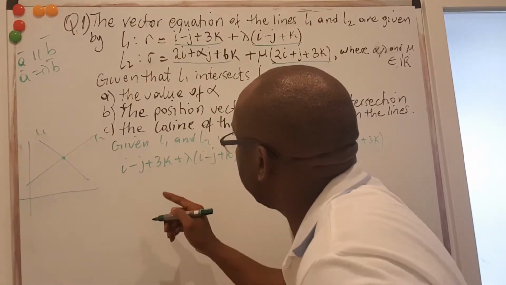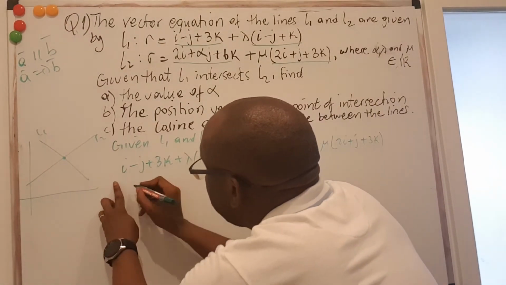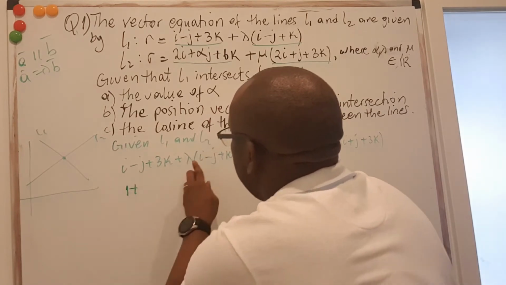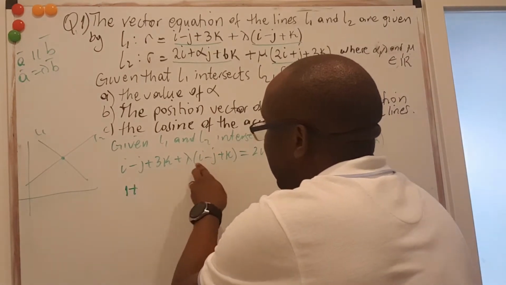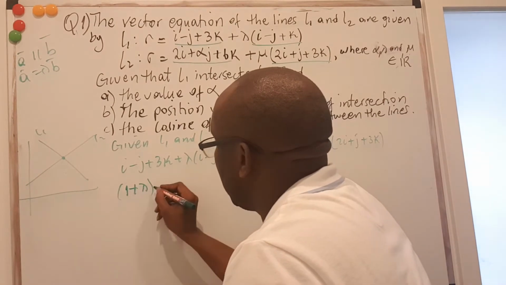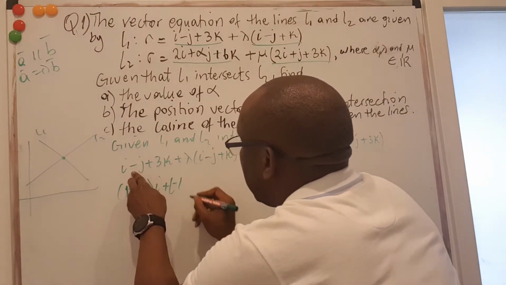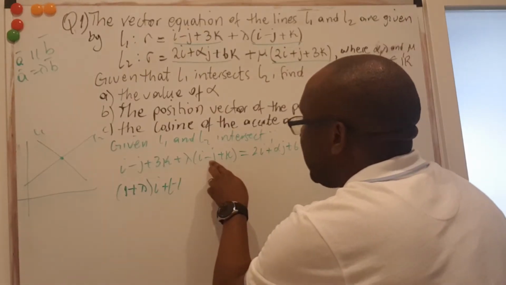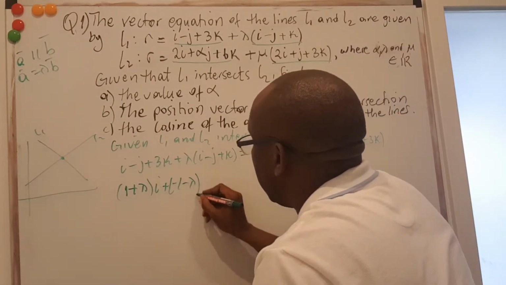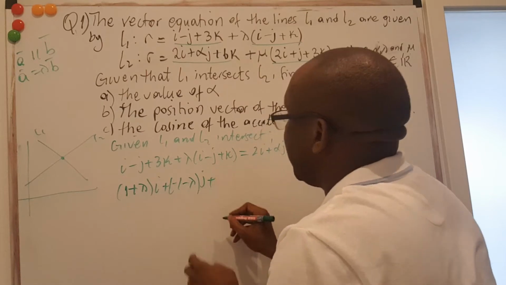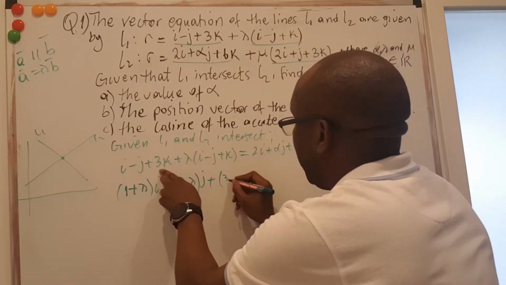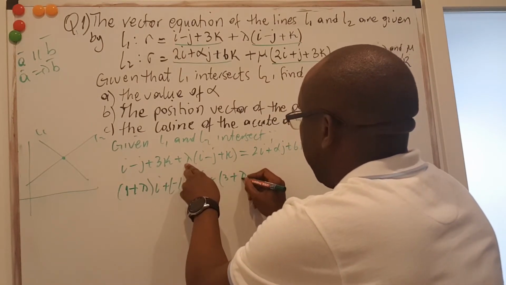To do that here, what I will do is, this i here has 1 as coefficient, plus this other i here, if I open this, it has lambda. So I keep the i outside. This is 1 plus lambda. My j is outside, this is minus 1 minus lambda.